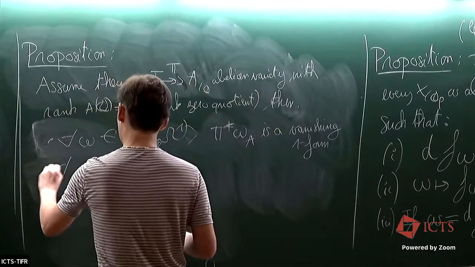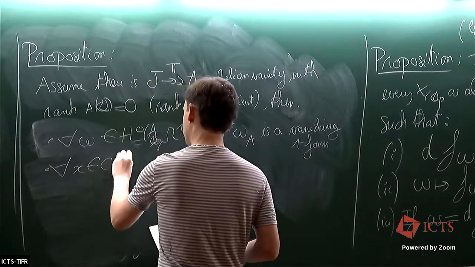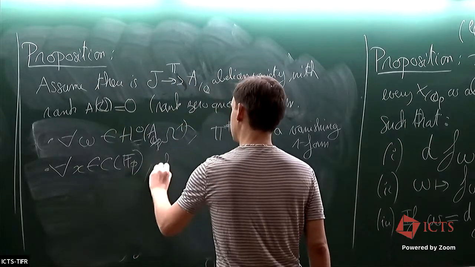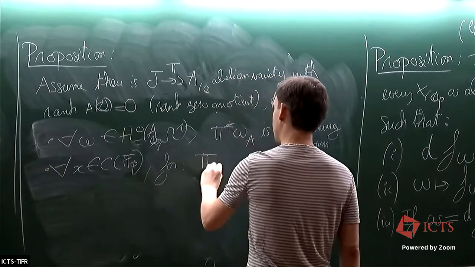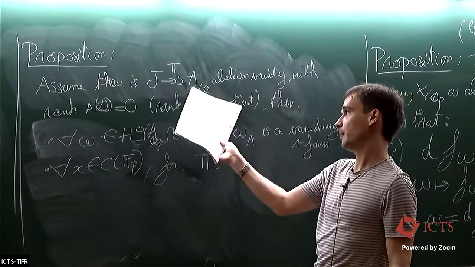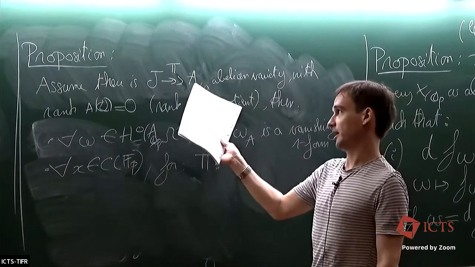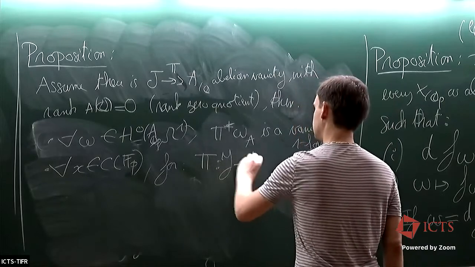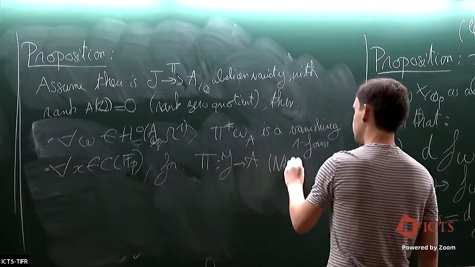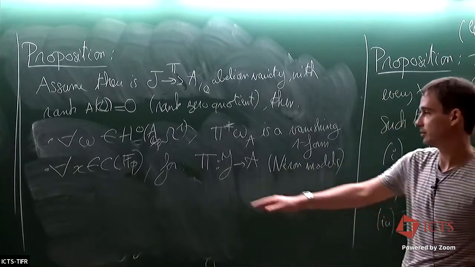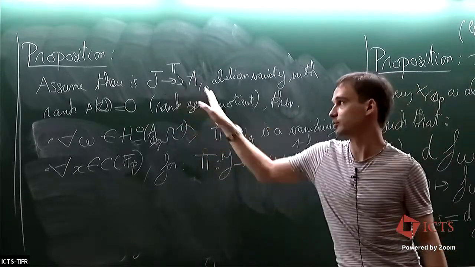Then for all x in C(F_p), I should say that J has good reduction mod p, so A then must have good reduction at p as well. So I can extend to Néron models. And this allows me to talk about what happens over F_p for this morphism.